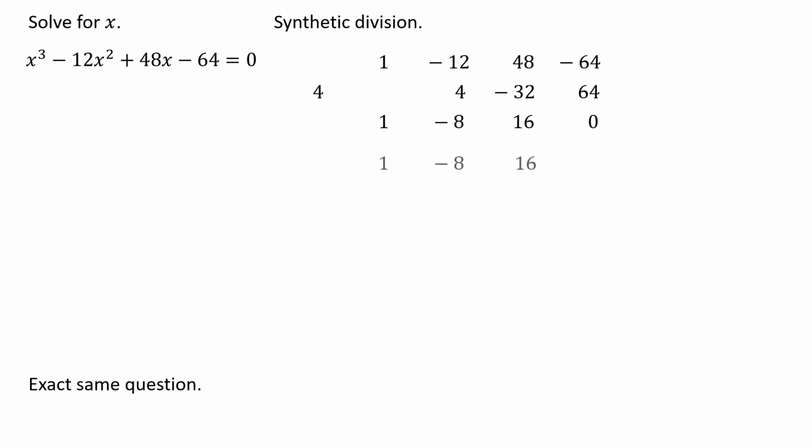Now I start over with my new reduced equation. Again, I better try 4. Drop, multiply, add, multiply, add. Synthetic division the third time using our reduced equation. Drop, multiply, add. Remember, with these PowerPoints, you can always pause and rewind if you find me going a little bit too quick in places.